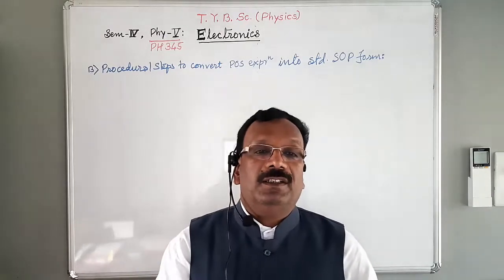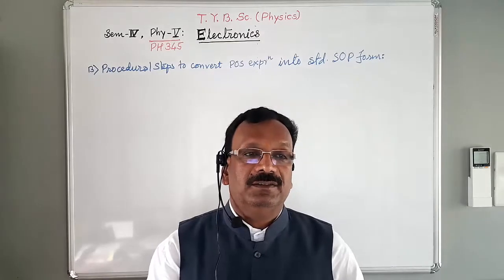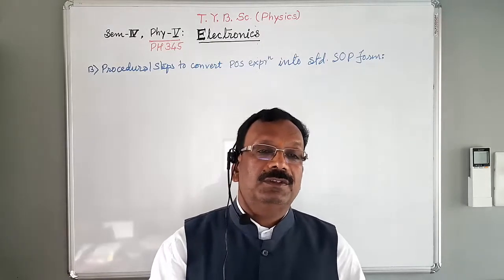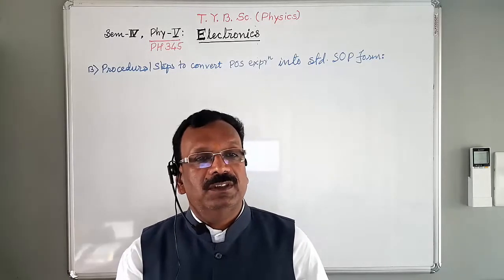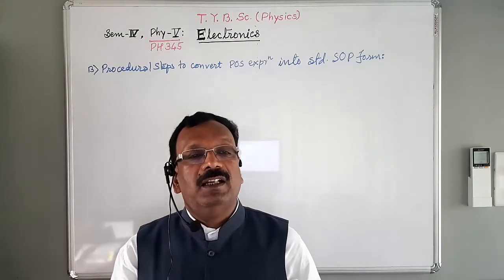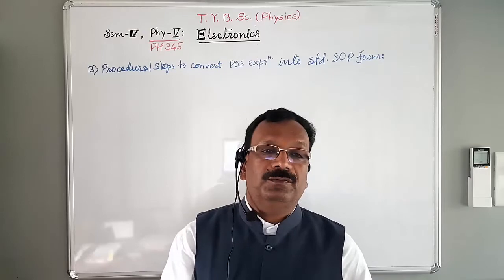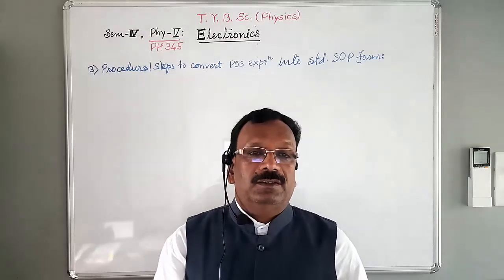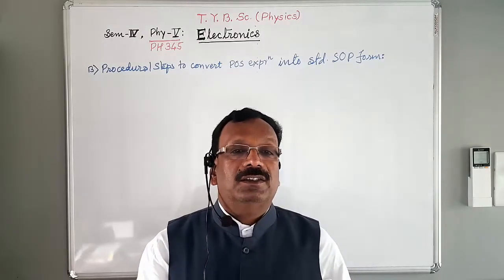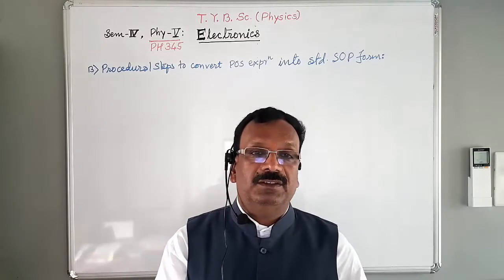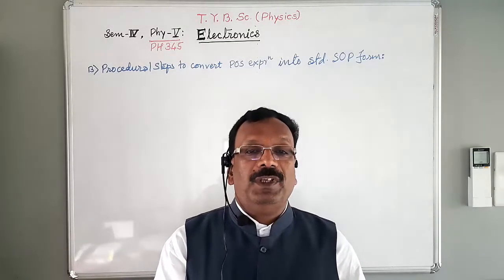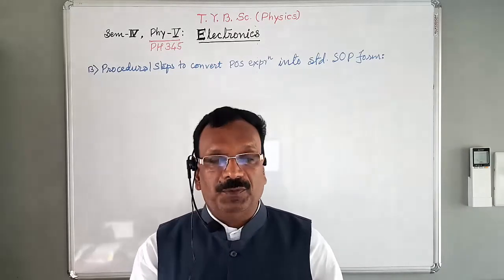In the previous lecture we studied SOP, that is sum of product, and standard SOP form, that is standard sum of product form, and how we can convert simple SOP into standard SOP.